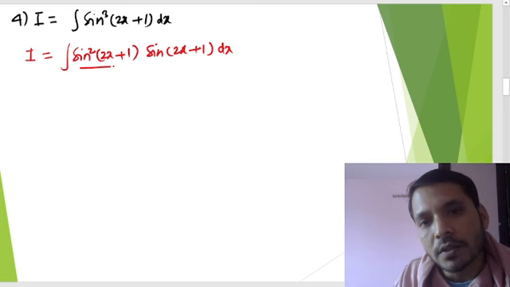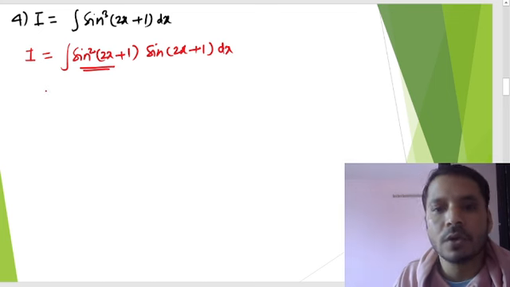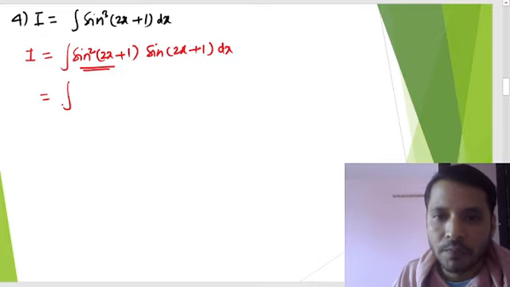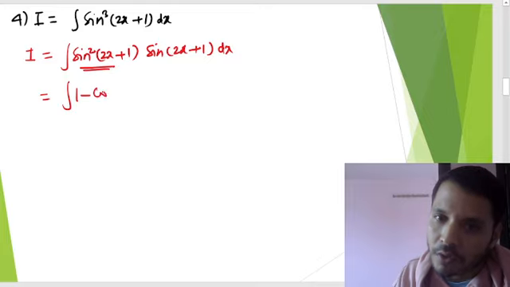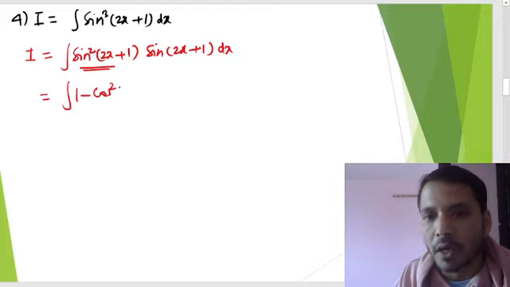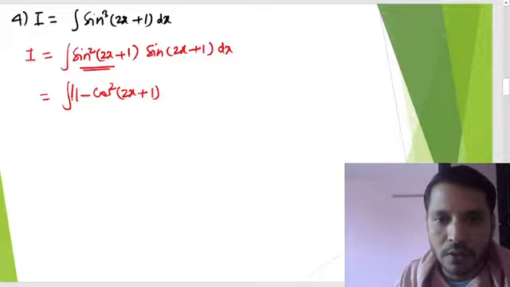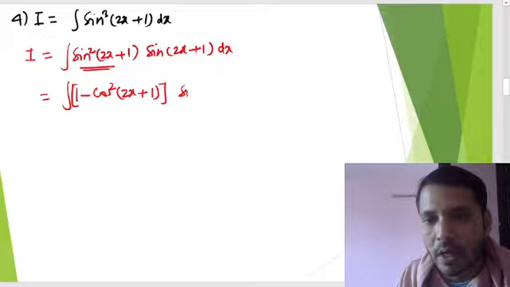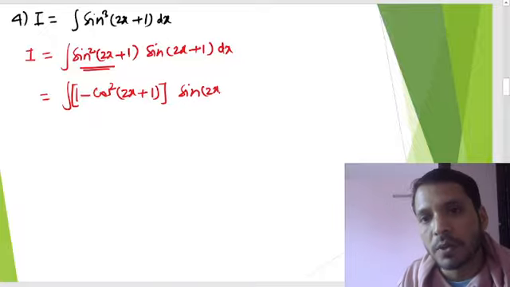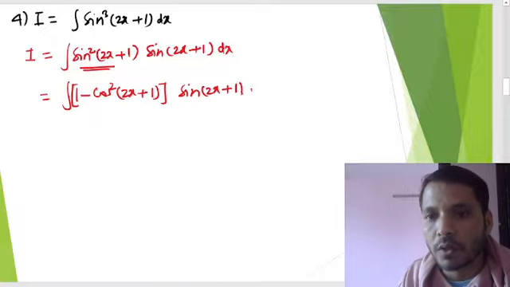Now this sine square we can write in terms of cos, so this will become 1 minus cos square, and the angle will be the same, 2x plus 1, by the first identity of the trigonometric functions.